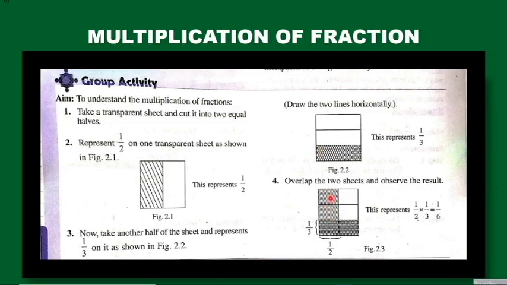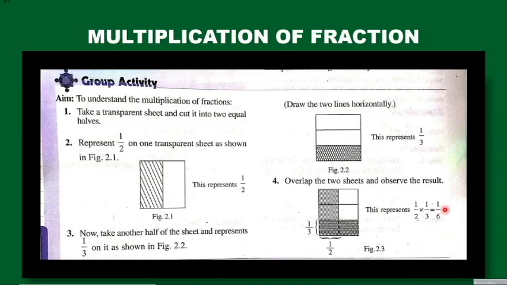After that you will notice that the sheet has 6 parts: 1, 2, 3, 4, 5, 6. How many parts? 6. So in the denominator, the total parts, we will write 6.